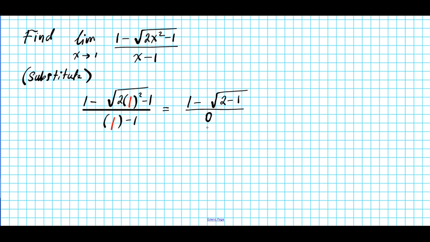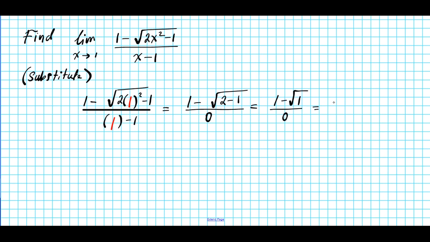Now, if you take a look at this form right here, is this an indeterminate form, or is it undefined? Well, we have to simplify the numerator completely first before we are in haste to conclude if it's indeterminate or undefined, which could indicate that the limit does not exist. So simplify it completely. So we have 1 minus the square root of 2 minus 1, which is 1 over 0.